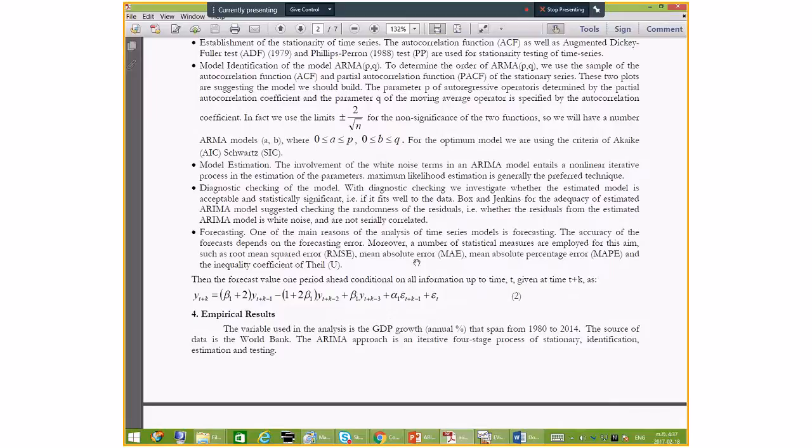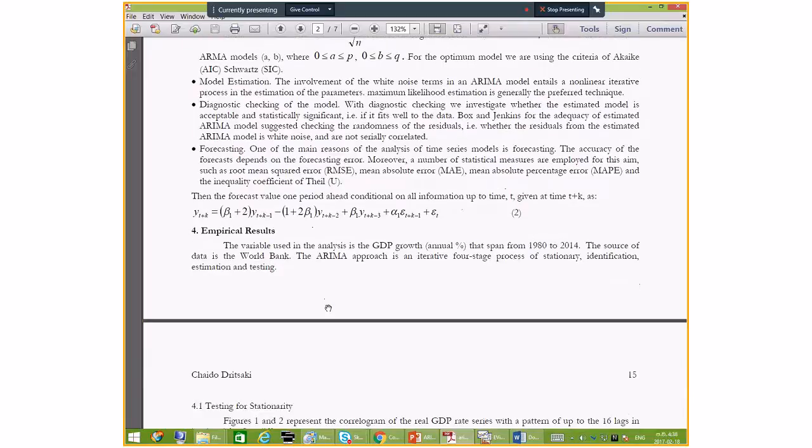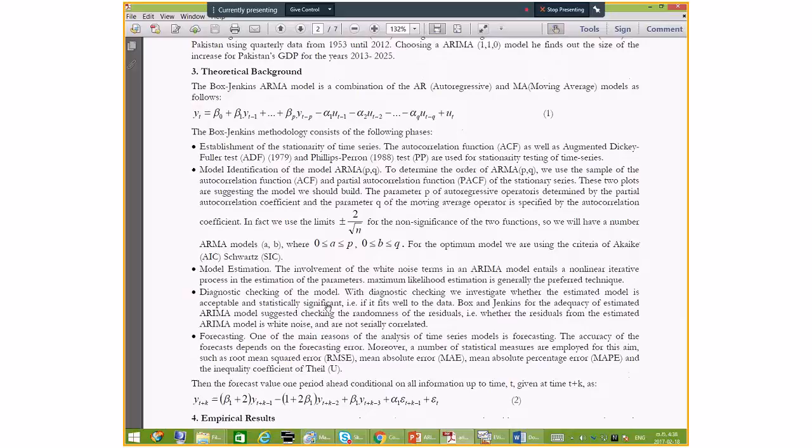Then the next step is forecasting. Those are the methodology steps.